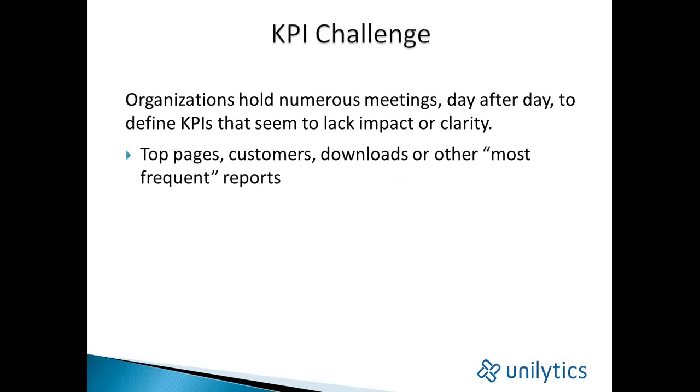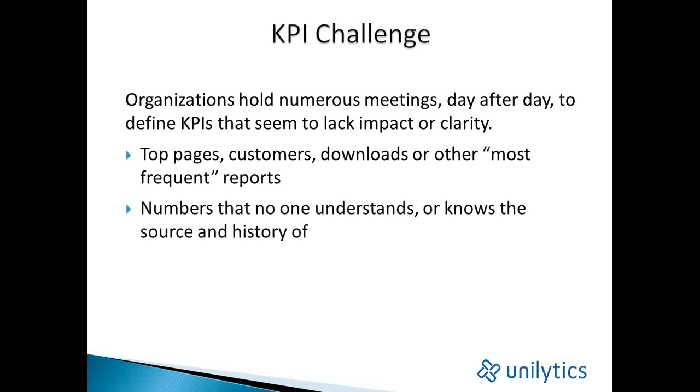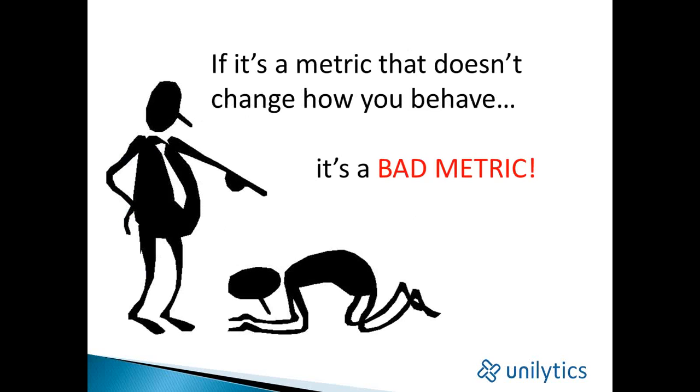We get stuck with things like top 10 pages or customers or most frequent reports, but they're numbers that no one really understands. Often we don't know how those numbers were ever determined in the first place or what the source was, and they didn't participate, so they just don't buy into it. And the KPIs need to be actionable. So if it's a metric that doesn't change how you behave, it's a bad metric.